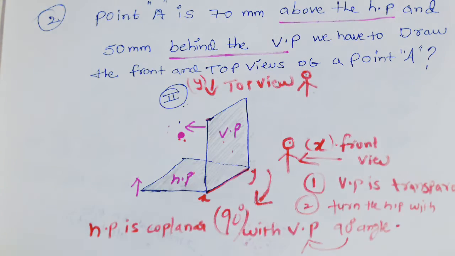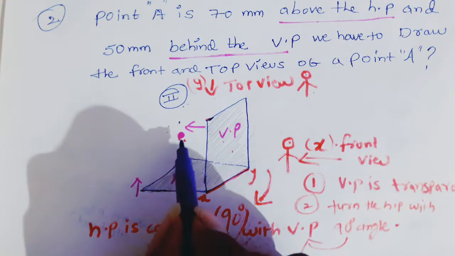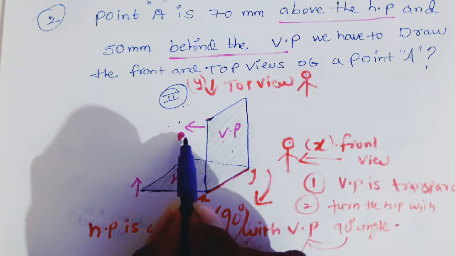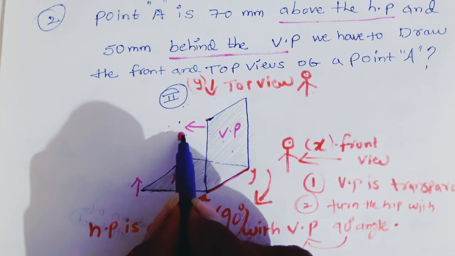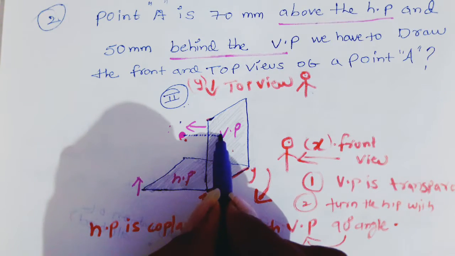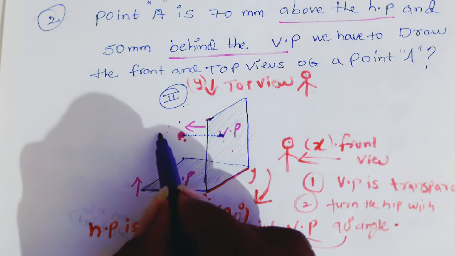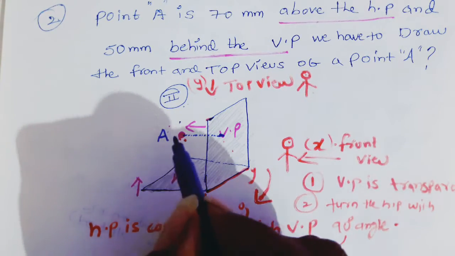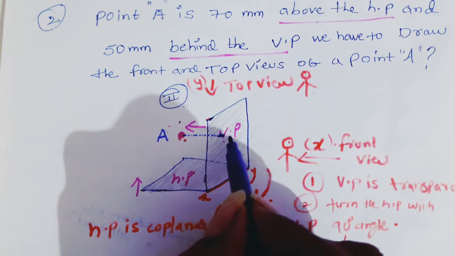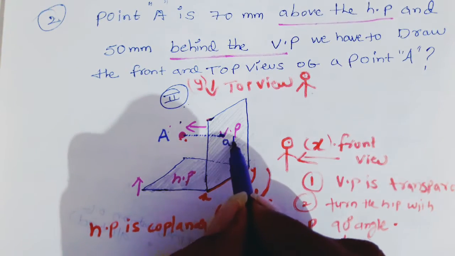See, when you look from this side, the image of this point will be projected here. So this is the point A, and the projection on VP I am marking as A dash.